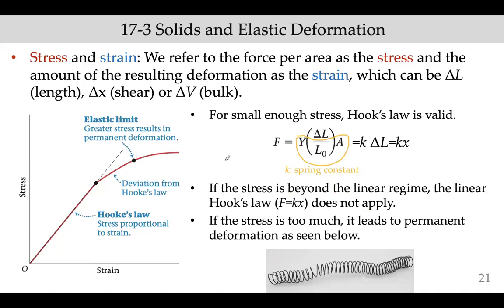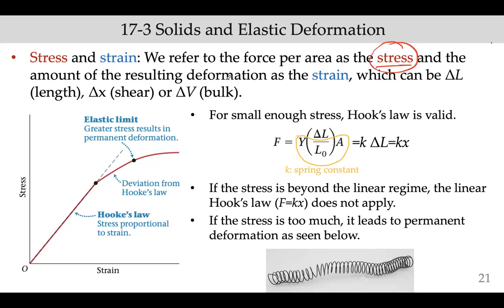Okay, so stress and strain, you will see these terms also in the literature. We refer to the force per area, which is basically pressure, as stress. If it's perpendicular, it's pressure, but if it's in the plane of the surface, then it becomes shear. But the general term for them is stress.